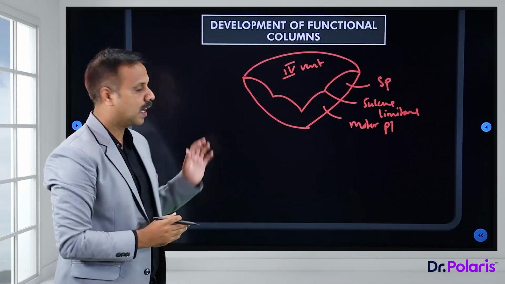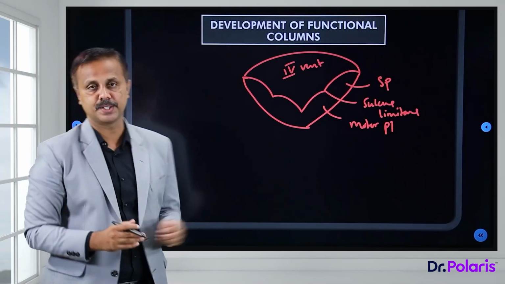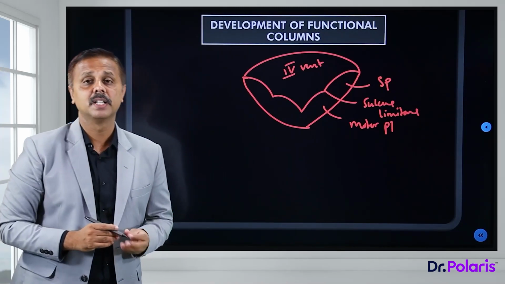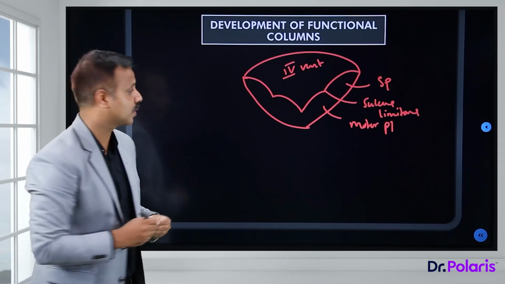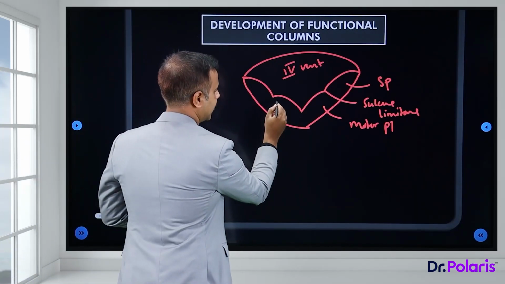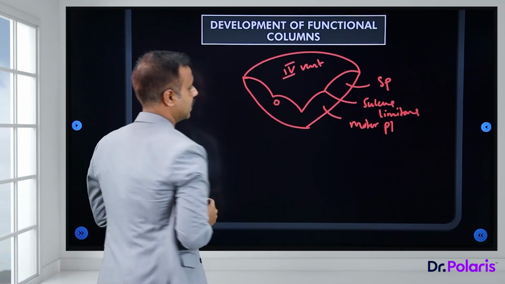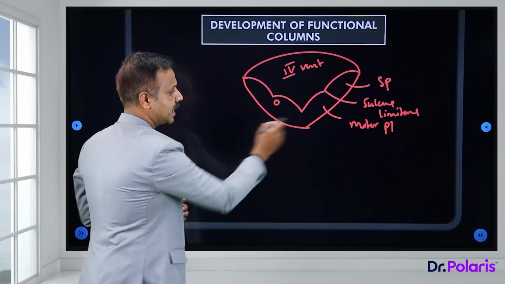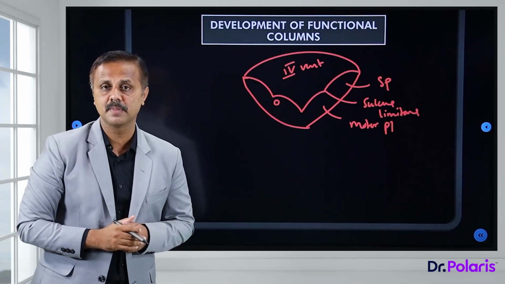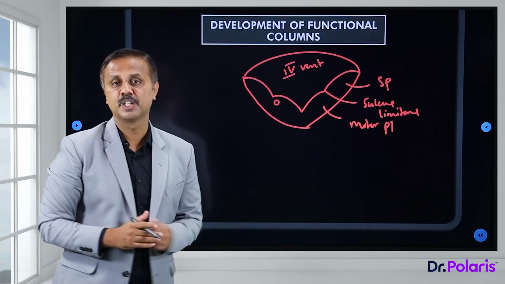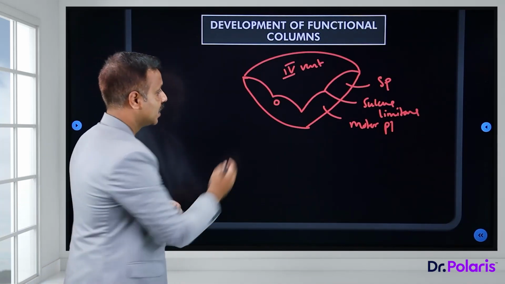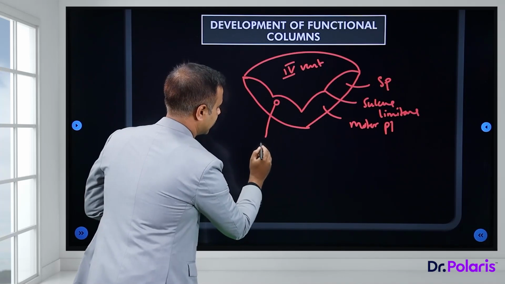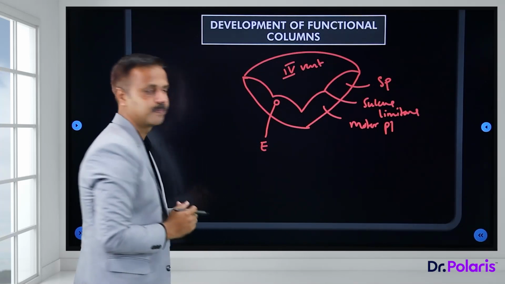Right? Now, how exactly do the functional columns make their appearance? Remember, the first functional columns to appear are close to the sulcus limitans. Since it is present in the motor column or the motor plate, we call this the efferent column.